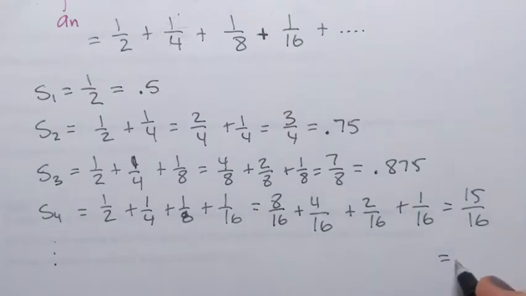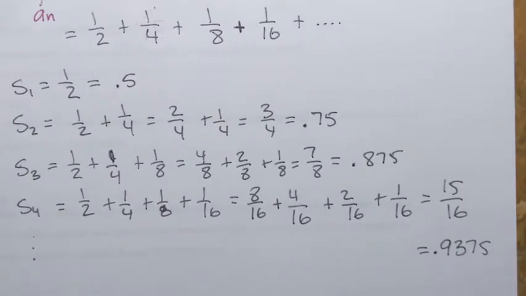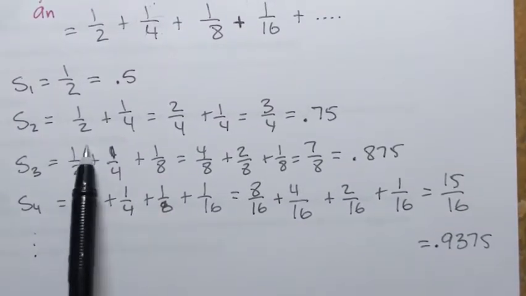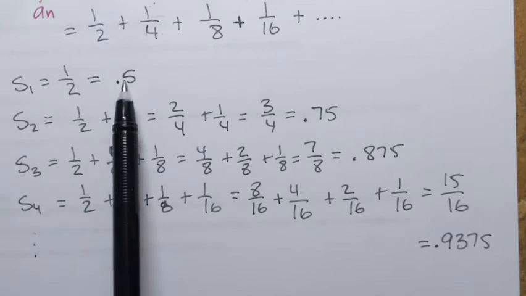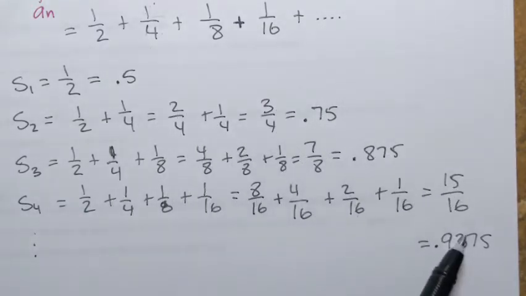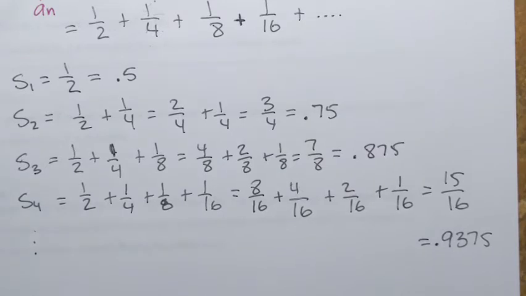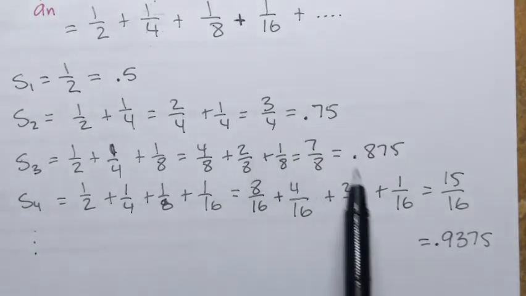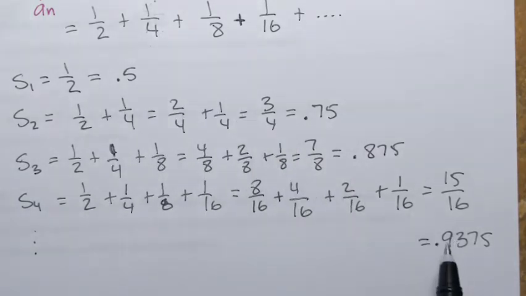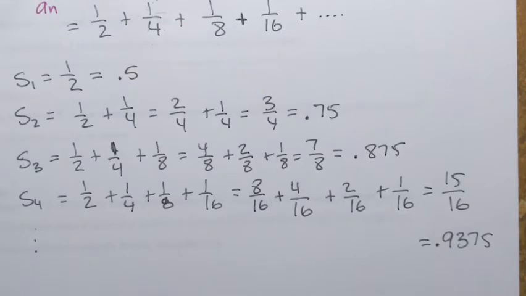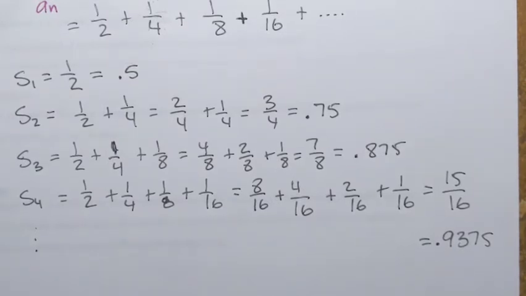That's 0.9375. So what can we notice? As we keep adding a new term to the sum, looks like the numbers are, well, of course increasing. Can you guess or predict what those partial sums are going towards? What number? Well, we actually won't be able to tell for sure until we find the nth sum.